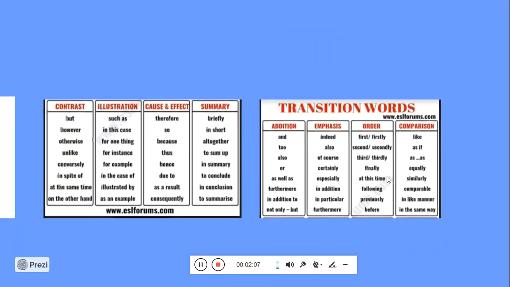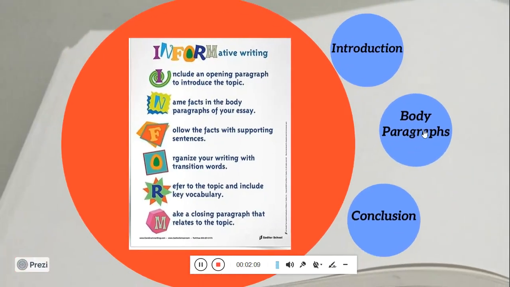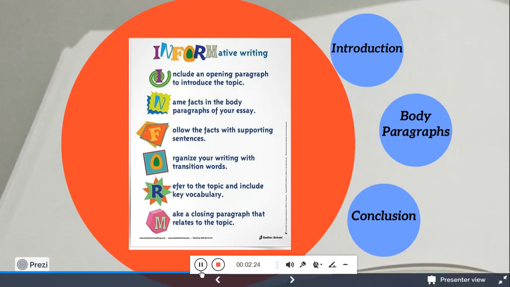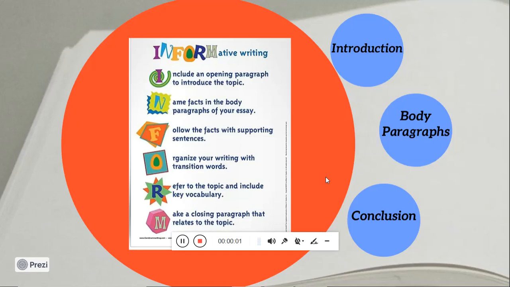This is for the body paragraphs, and don't forget, please, this is urgent, don't forget to brainstorm before you start writing the body paragraphs. You can make a rough draft, okay, before writing the body paragraphs, meaning you make a draft and write your ideas in it.